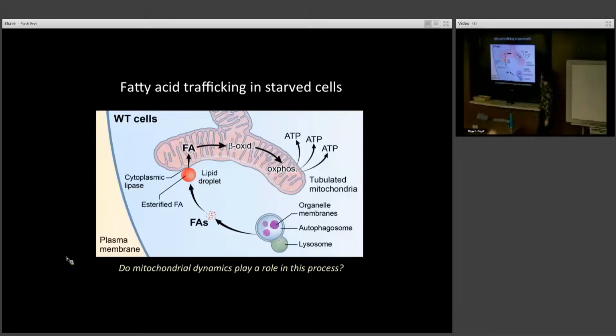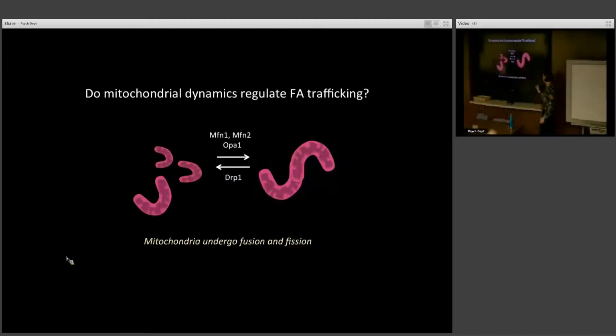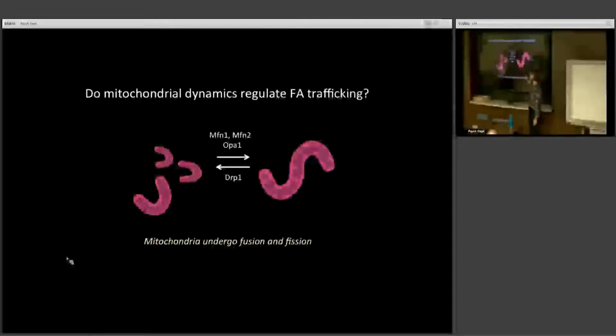So next we asked whether mitochondrial dynamics are playing a role in this process. I'll tell you more about why we asked that in a minute, but just to give you a little bit of background about mitochondria. Mitochondria are really dynamic organelles that are constantly undergoing fusion and fission. Fusion is mediated by MFN1 and MFN2 on the outer mitochondrial membrane and OPA1 on the inner mitochondrial membrane, while mitochondrial fission is mediated by DRP1.